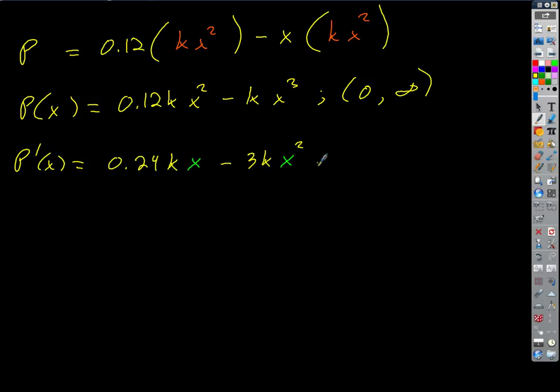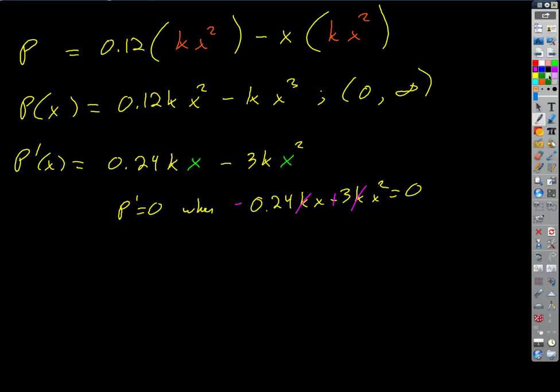So when is P prime going to equal 0? When we set this whole thing equal to 0, one thing we could do is divide both sides by k, so the k's go away. We could multiply through by -1 and flip those signs around, and now I can factor.